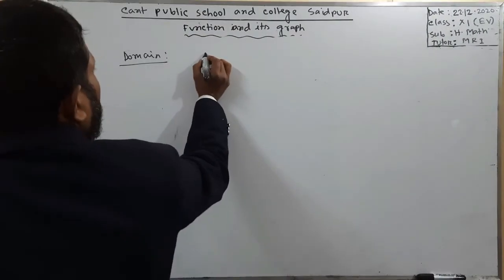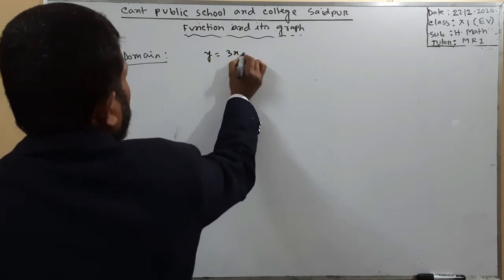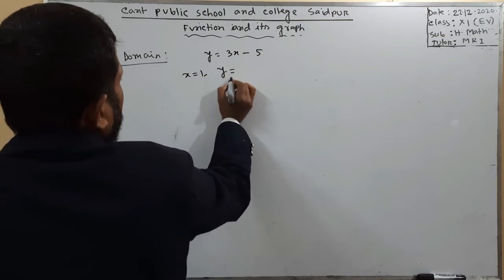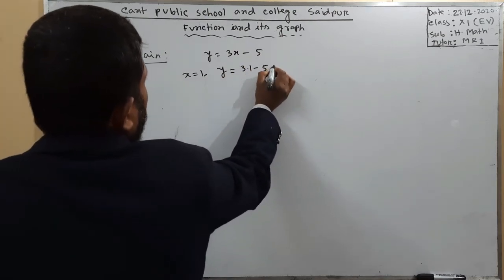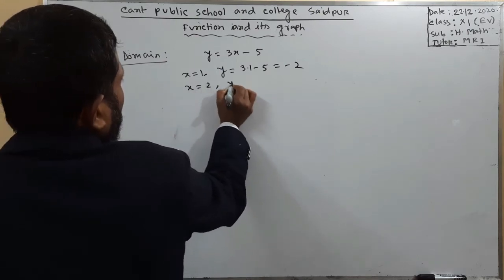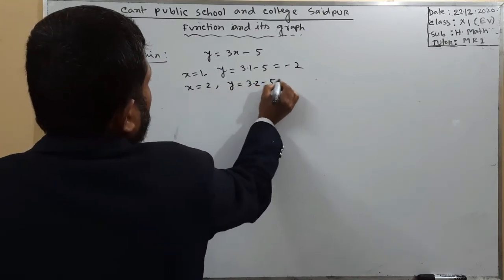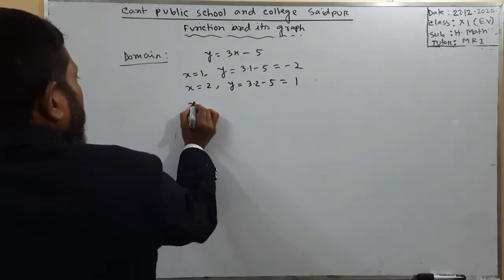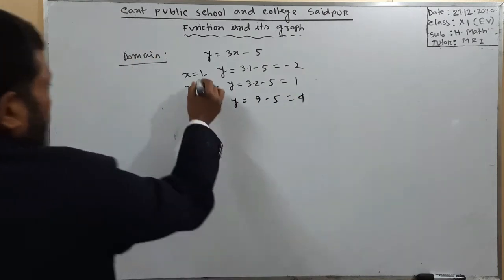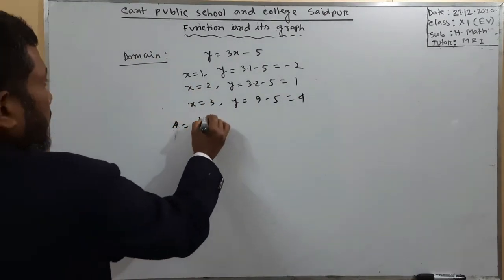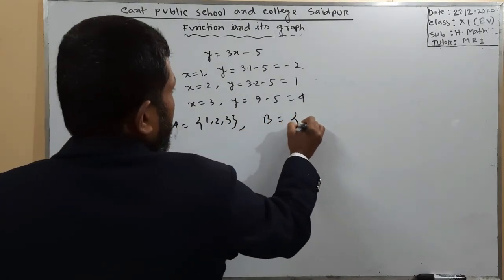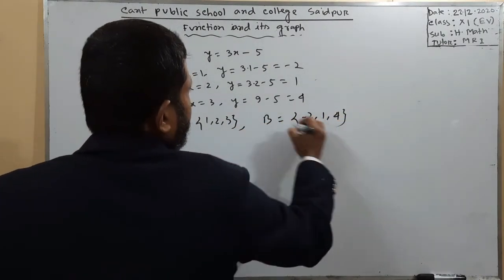Suppose y is equal to 3x minus 5. If x is equal to 1, then we get minus 2; x is equal to 2, here 1; x is equal to 3, here 4.